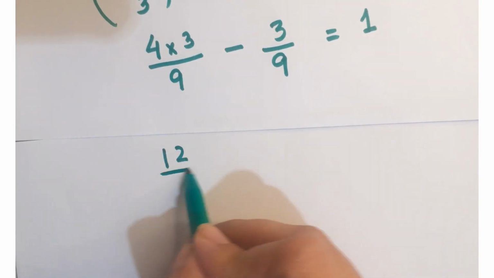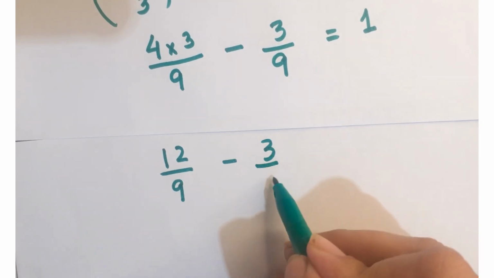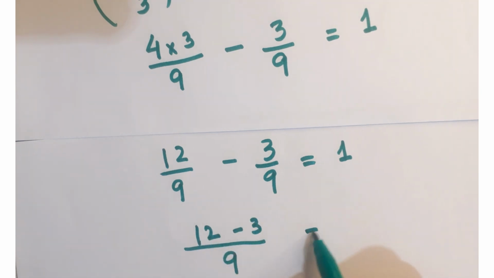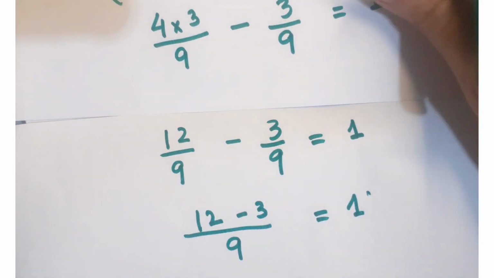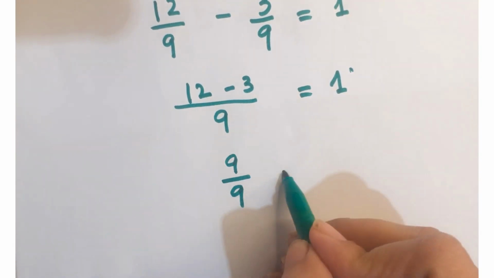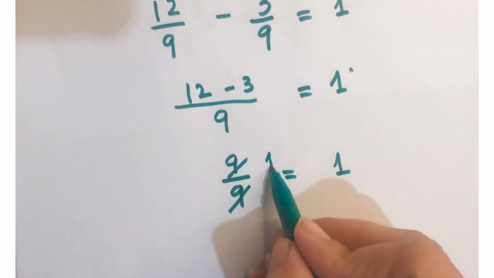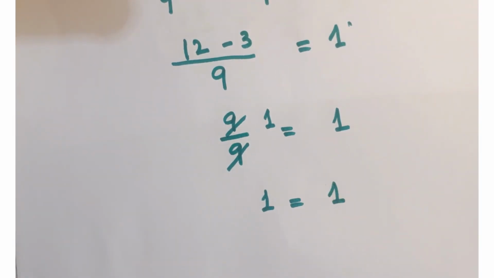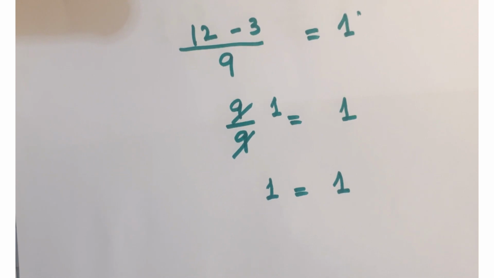So here we get 12 upon 9 minus 3 upon 9 is equal to 1. So this is 12 minus 3 over 9, which is 9 upon 9. This and this get cancelled. So we have 1 is equal to 1. Now this shows that x1 comma y1 is the solution for this equation.